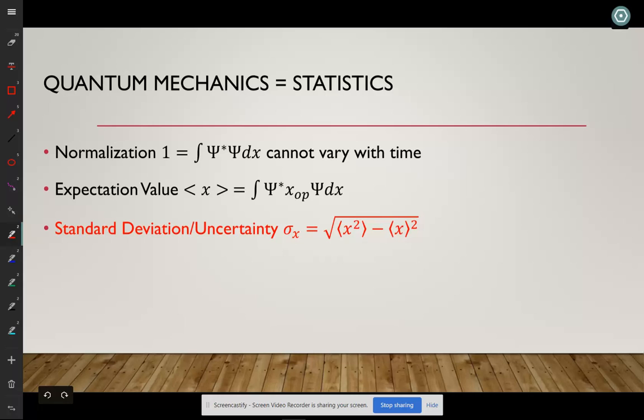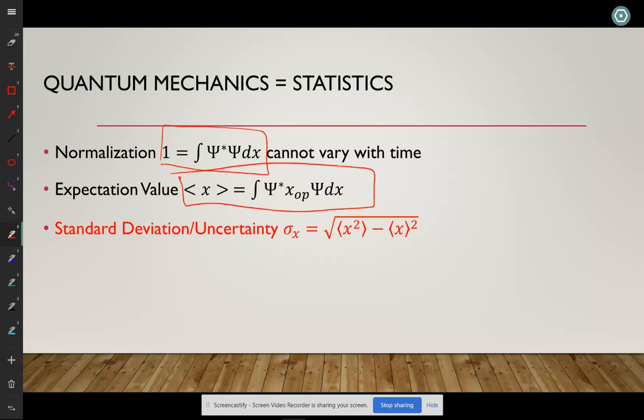Okay, the red is what I tried to use to indicate equations that you would have on the test. So you won't have the normalization condition on the test. That's something you have to know, right? You have to know how to normalize, know that it's integral psi star psi dx over all available space. Likewise, the expectation value equation is something you have to know.